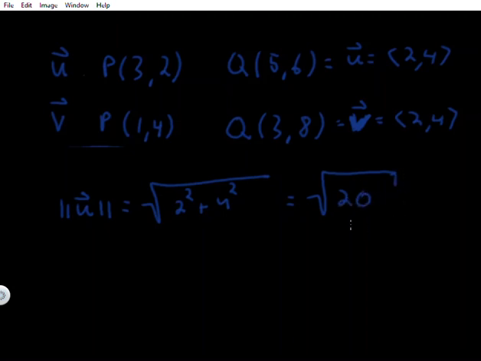And we get the same thing for the magnitude of v. We don't even have to do it because they're the same exact numbers. So we've already shown that they have the same magnitude, the same length of the vectors. And you could say 2 root 5 or root 20. But yeah, so they have the same magnitude.